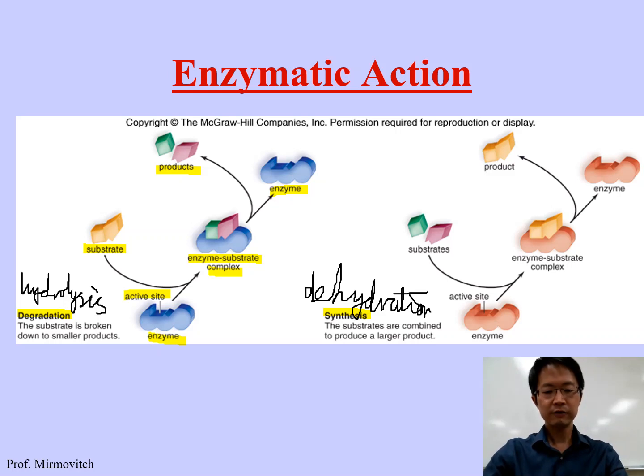So you have two monomers, for example, again, glucose and fructose, that bind to an enzyme, and it has the active site. The enzyme will form enzyme substrate complex, and then after that, the enzyme will release, and the product will be the sucrose.